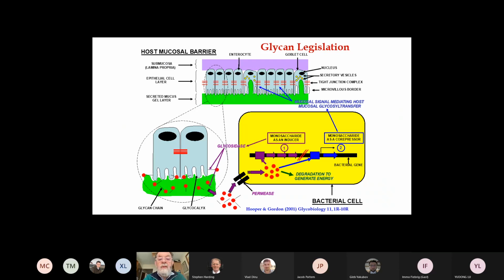If the level of carbohydrate, the monosaccharides, gets too high, then it switches off. So there's a repressor built into the system as well. It's a neat cycle to maintain and control the expression of glycosidases, mucus degradation through the bacterial system. Okay, next one, please.